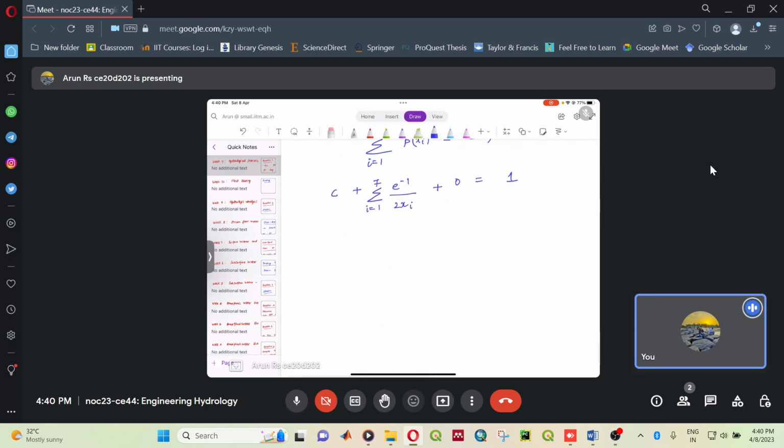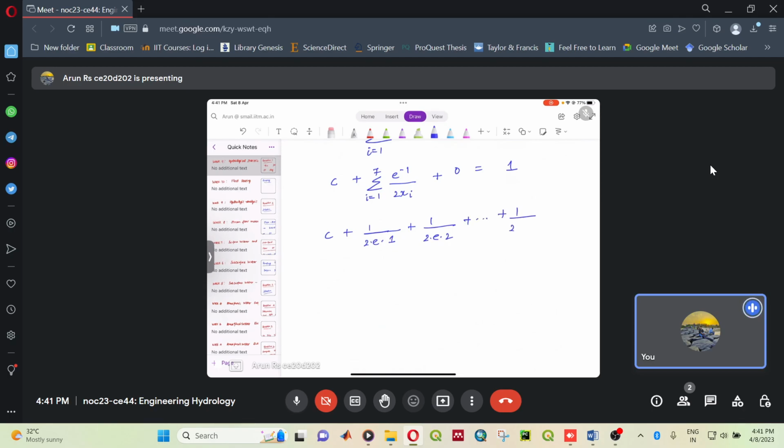Now we can substitute the value for x. So that will be C plus 1 divided by, I am bringing the e to the denominator since it is e power minus 1, plus 1 divided by 2 into e into 2, and so on until 1 divided by 2 into e into 7, should be equal to 1.